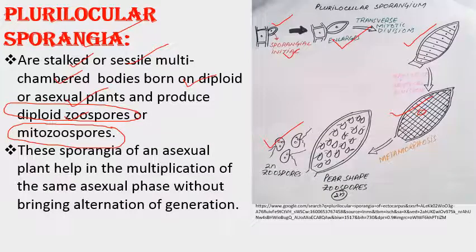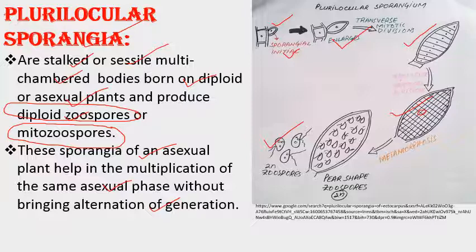These sporangia are asexual. These sporangia of an asexual plant help in multiplication of the same asexual phase, means asexually produce होते हैं ये और ये प्रोड्यूस करते हैं asexual plant without bringing alternation of generation. So इसमें कोई भी alternation of generation नहीं होता.